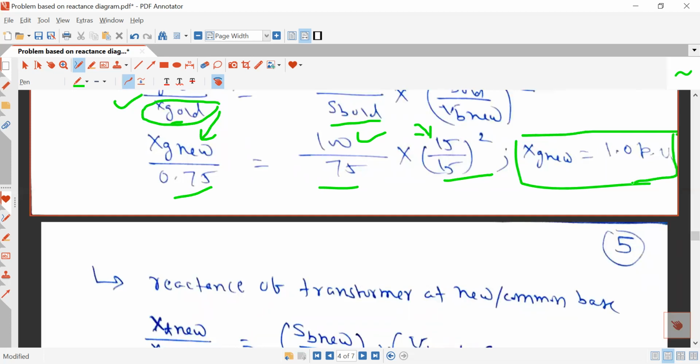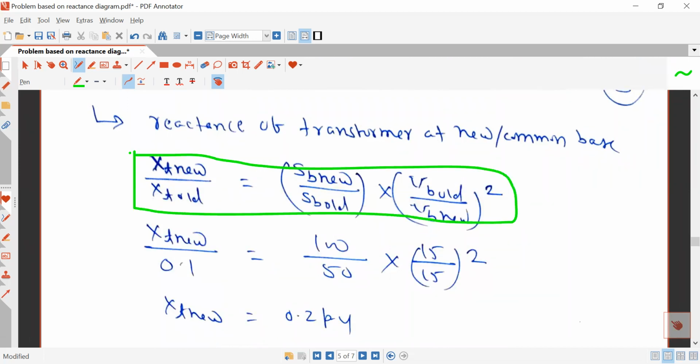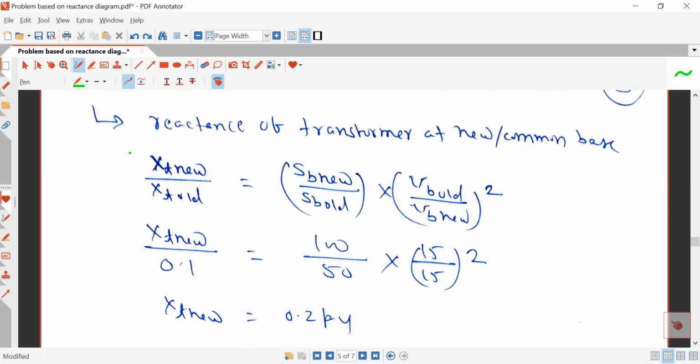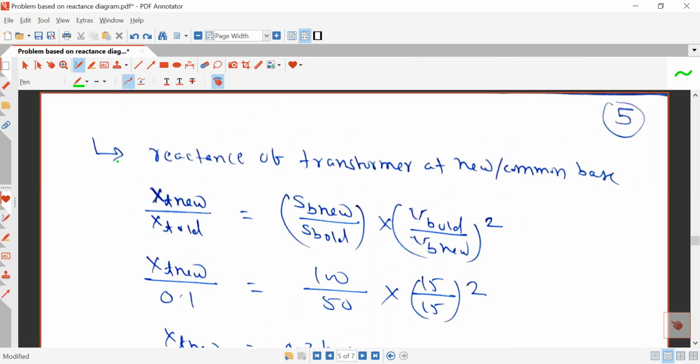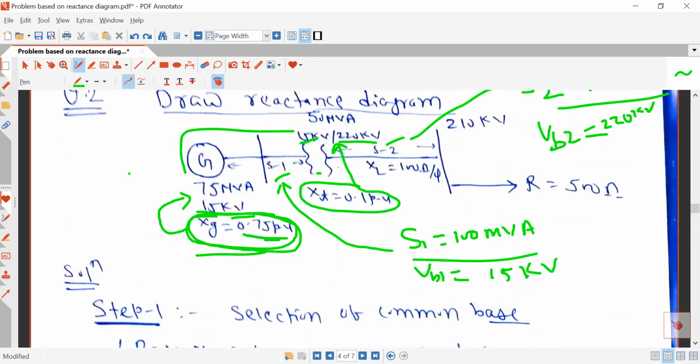on the new base. Similarly, for the transformer you will use the same formula, and you must note here that this transformer is common for section 1 and section 2.